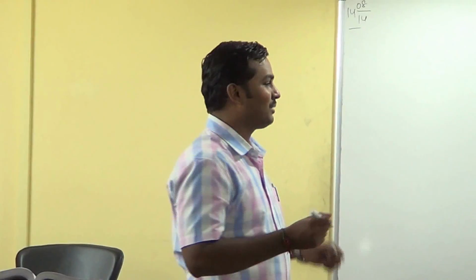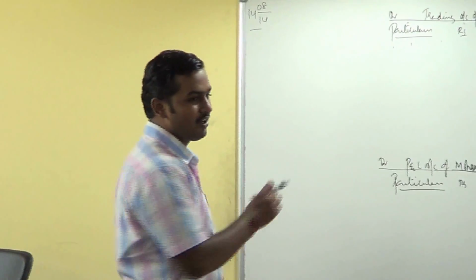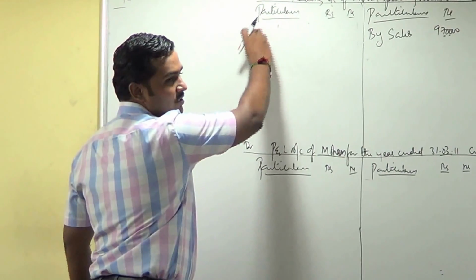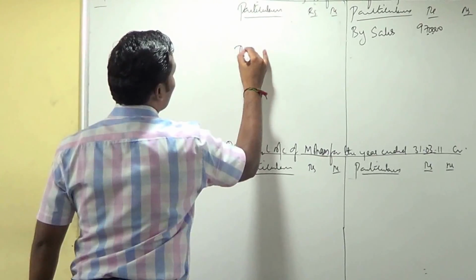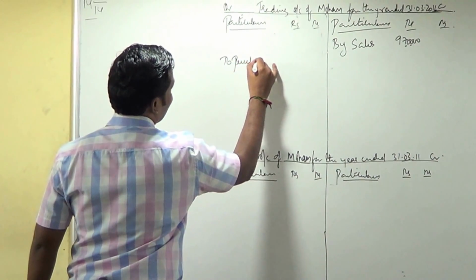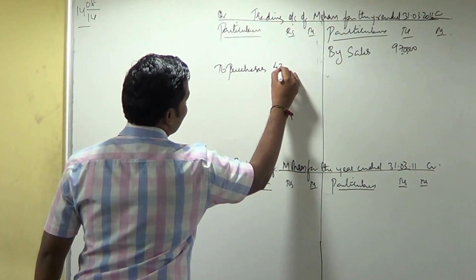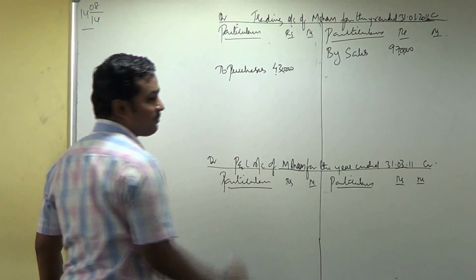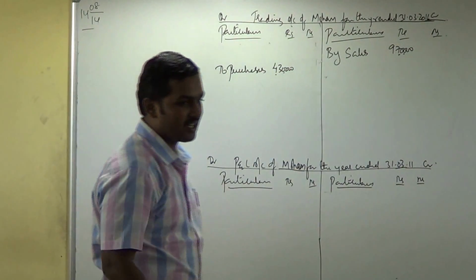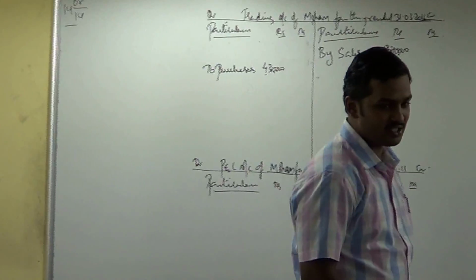Very good. So purchases, you have to close the account by transferring it to the debit side of the trading account, but please put it in the inner column. Leave some space for opening stock. Right here, to purchases. How much? Here we have passed an entry, trading account debtor to purchases, to close purchase account.